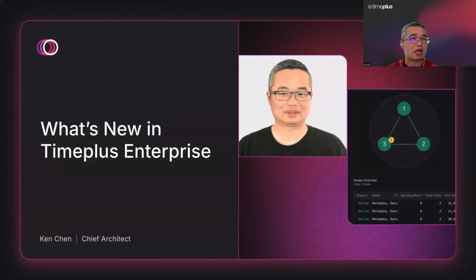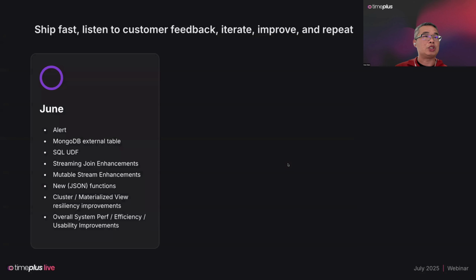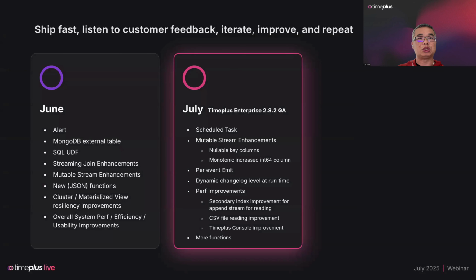So next I'd like to go through the Timeplus Enterprise features, where we have quite a lot of new enhancements and also performance improvements in this release. As usual, in June we had quite a bunch of updates and enhancements, and in July we have Timeplus Enterprise 2.2 GA already.